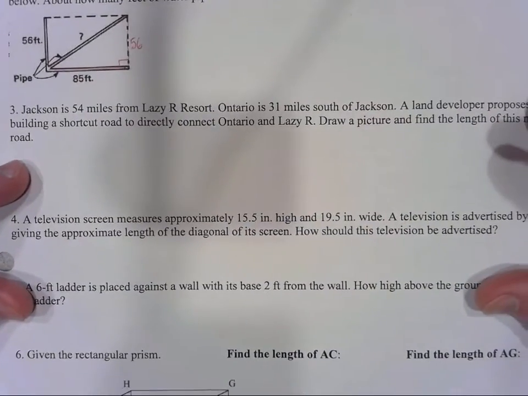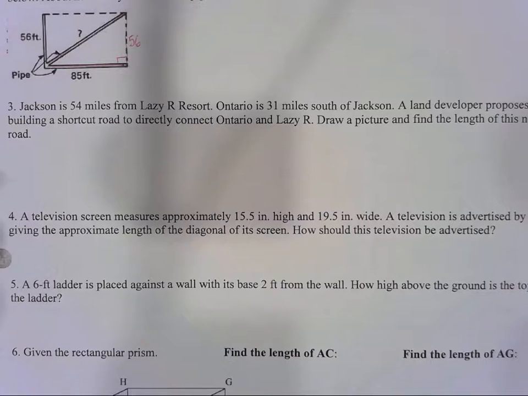Number 3, Jackson is 54 miles from Lazy R Resort. Ontario is 31 miles south of Jackson. A land developer proposes building a shortcut road to directly connect Ontario and Lazy R. Draw a picture and find the length of the new road.